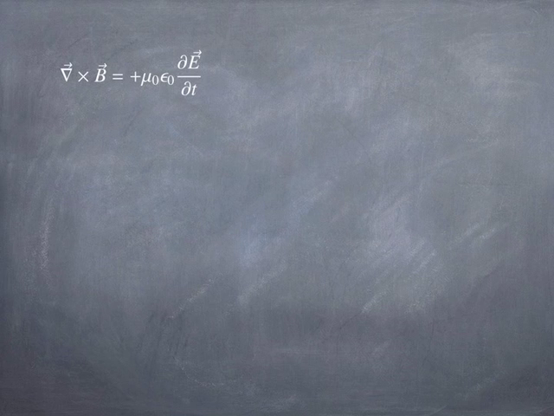So let's go ahead and look at the second of Maxwell's equations. The curl of B is related to the time rate of change of E. Now we know that the spatial dependence of B has to go like cosine, so that the curl of E equation works out to be minus dB/dt. But I've come up with a new time-dependent function for B, which I'm going to call P. The reason I'm calling them Q and P will become clear momentarily.